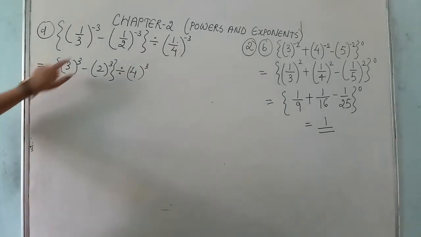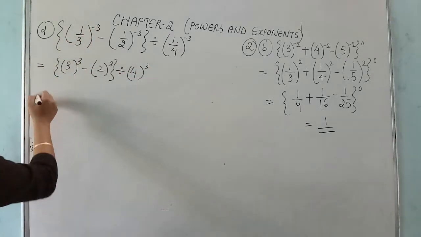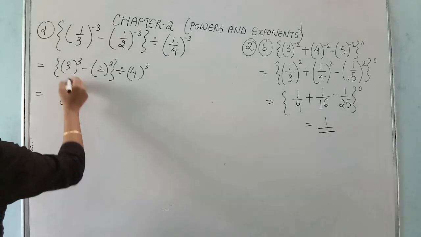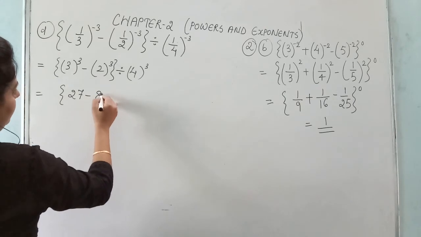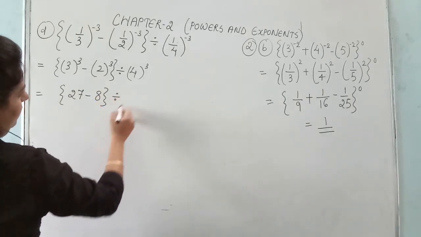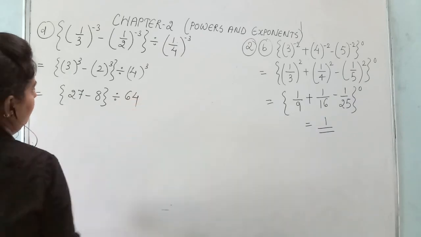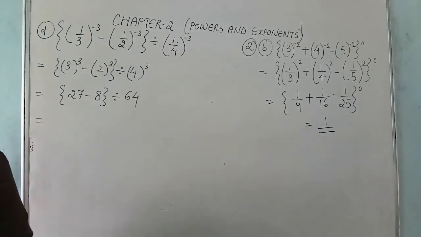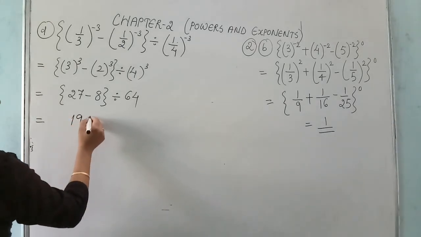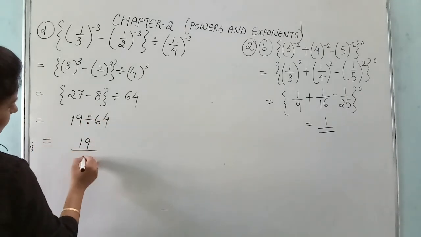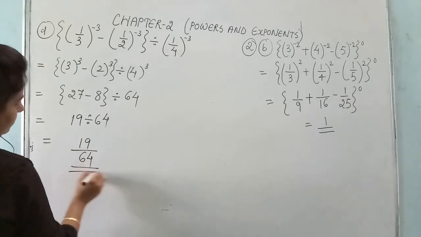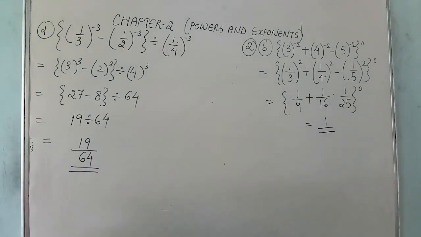I have converted negative power into positive power. 3 cube will be 27, minus 2 cube will be 8, divided by 4 cube will be 64. 27 minus 8 will be 19. 19 divided by 64. This is the required answer.